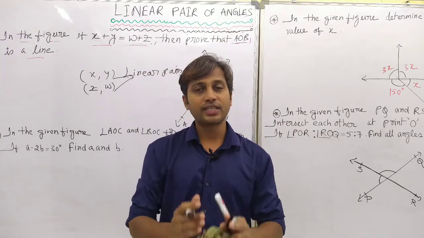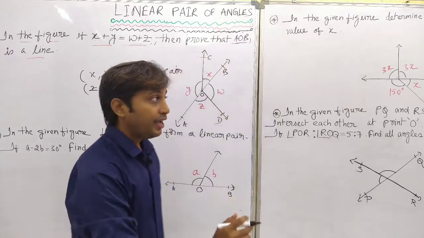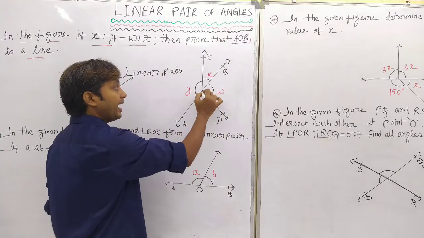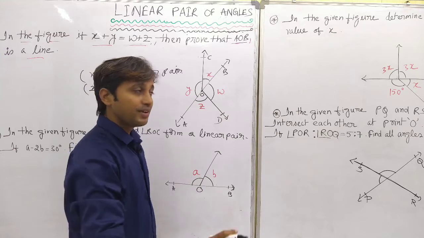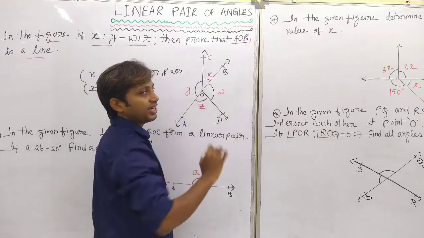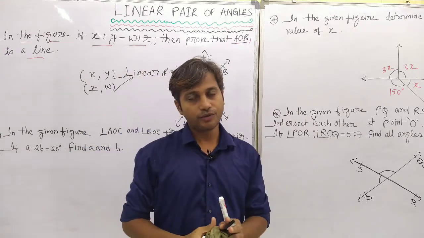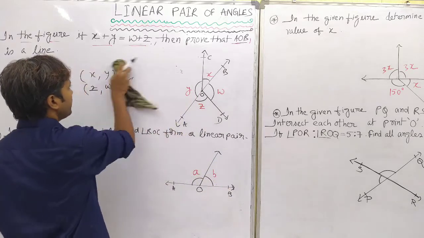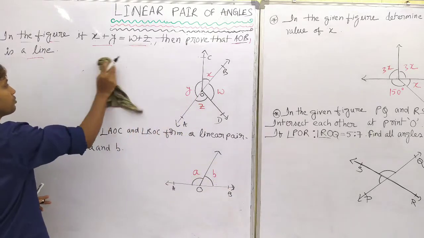If we can prove this, then we can say that OA and OB are not two separate rays; we can consider them a single straight line. That is our agenda in doing this problem. Okay, now how to prove? How has it to be proved?